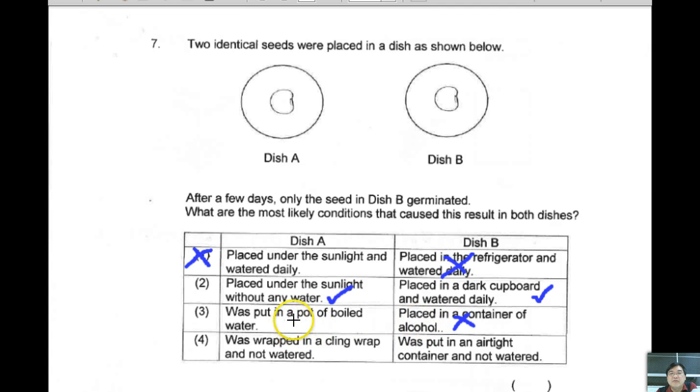Put in boiled water, definitely wrong. Put in an airtight container and not watered. Even in an airtight container, there will probably still be sufficient air for a seed to germinate. However, with no water, it should not germinate. Hence, the answer is 2.